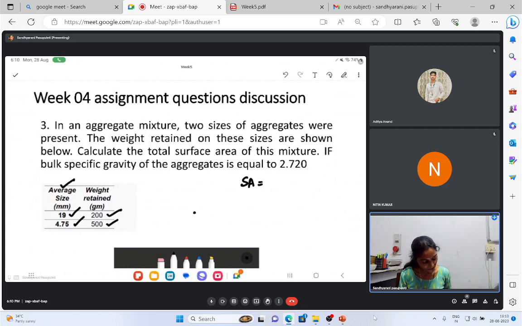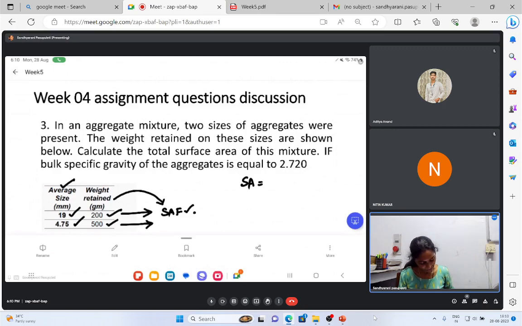To calculate the surface area, we need the surface area factor for 19 mm and also for 4.75 mm. If I know the surface area factor, I can multiply it with the weight, and that is the surface area. This can be done individually for 19 mm and 4.75 mm, and then summed up.